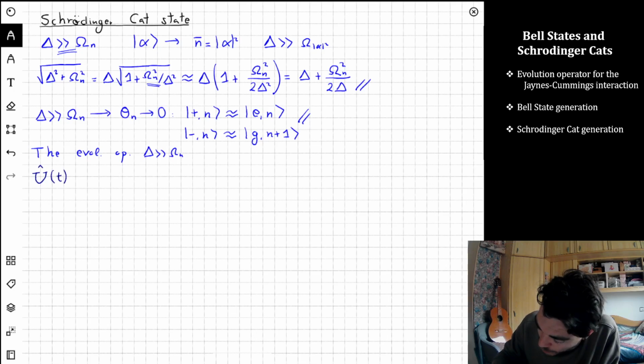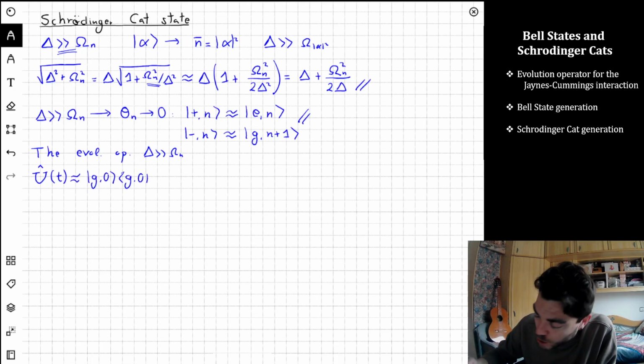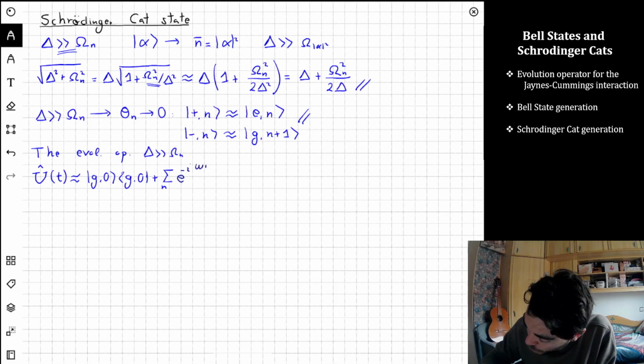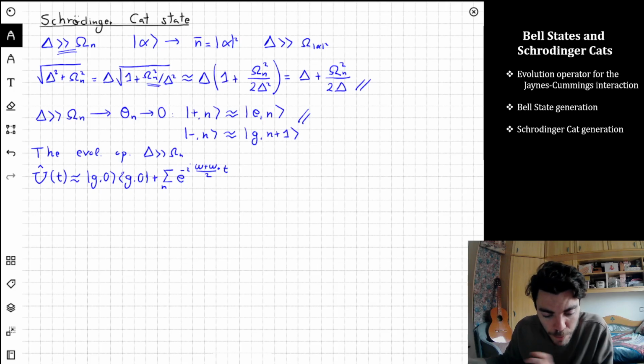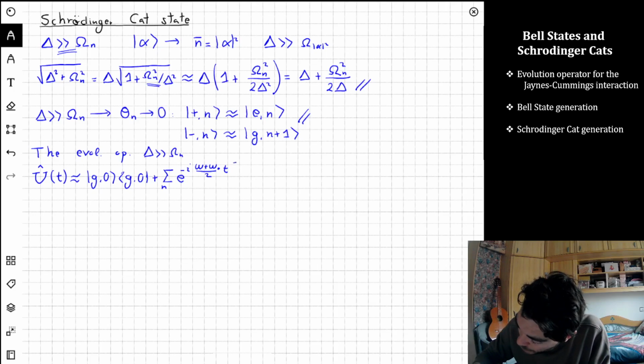But for the purposes of this video, this is perfectly correct: the evolution operator now, if we just apply what we know, is |g,0><g,0|. This is the case all the time, because this state doesn't change, even if the interaction is on or off. And then plus, now we would have the sum over the natural numbers n of e to the minus i (omega plus omega_0) divided by 2 t. This is the same as before, nothing happened. And now the part that is inside simplifies quite a bit.